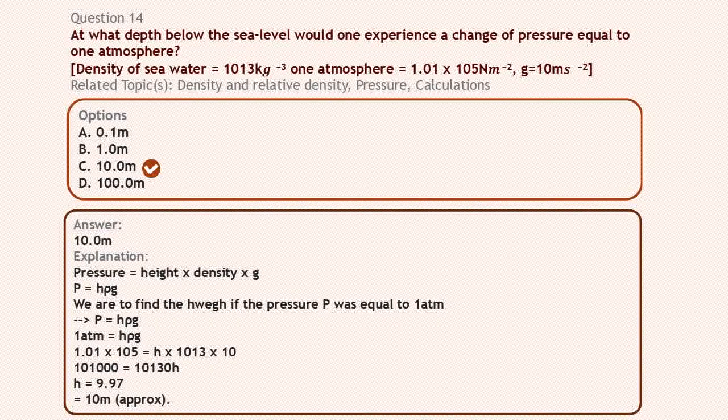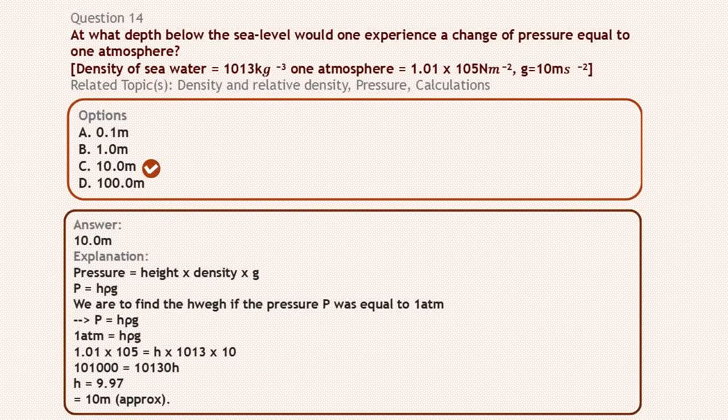So 1 atmosphere is 1.01 times 10 raised to the power 5. That will be equal to the height h times the density, which is 1013, times gravity, acceleration due to gravity, which is 10. Now 10 raised to the power 5 means 10 times 10 in 5 places, so 10 raised to the power 5 is going to be 100,000. 100,000 times 1.01 will give us 101,000.